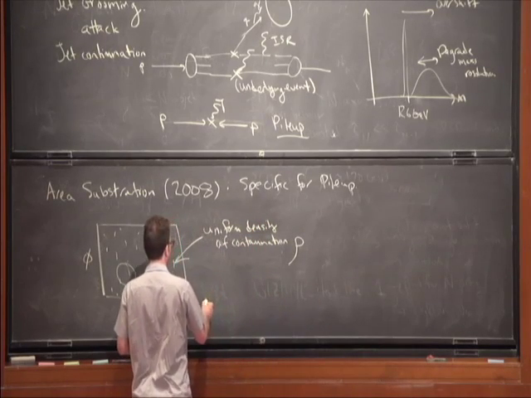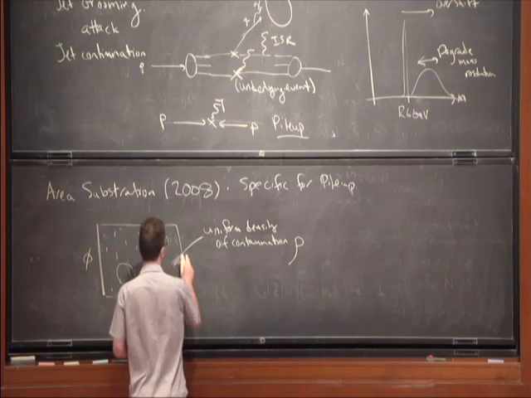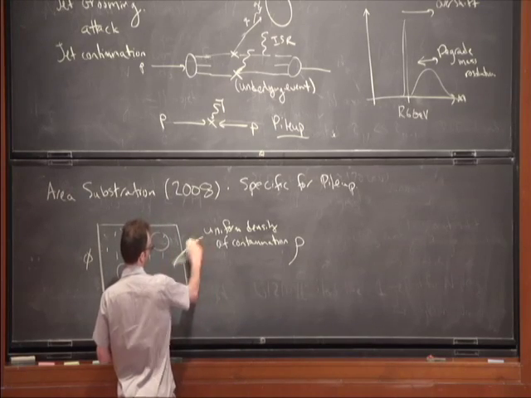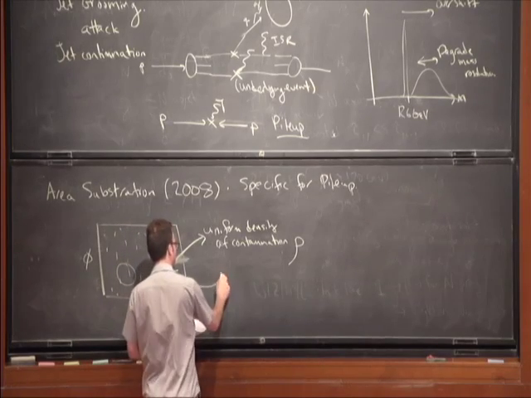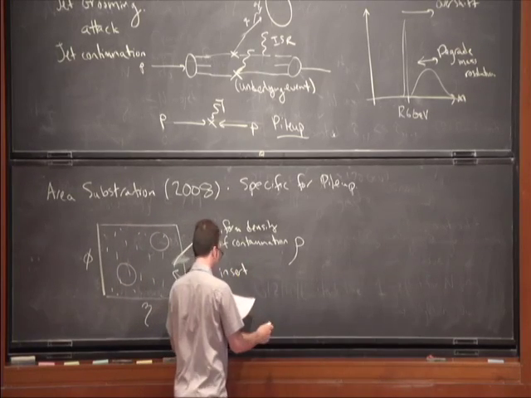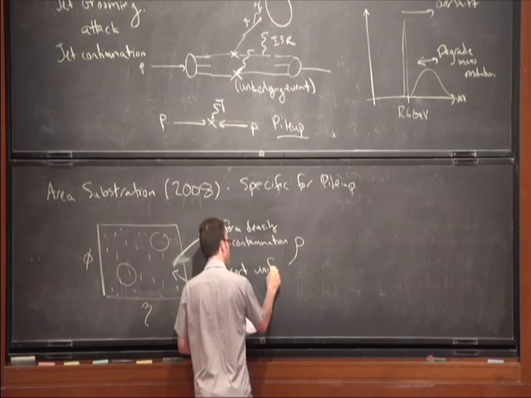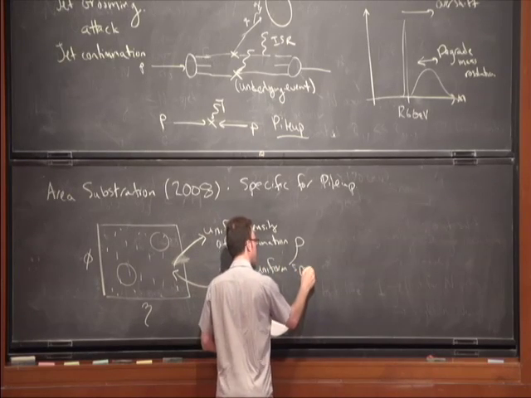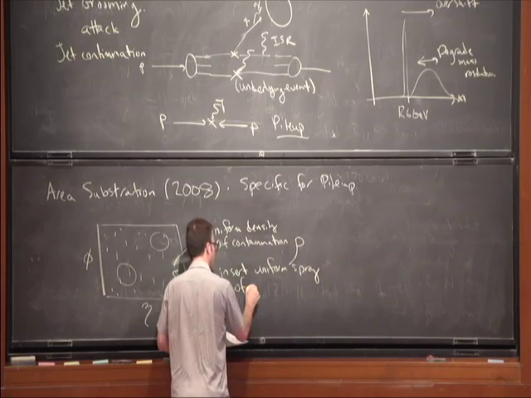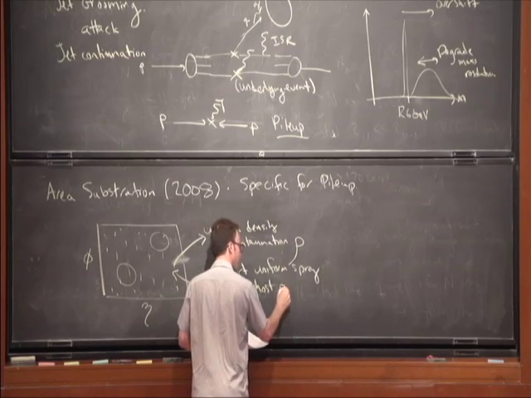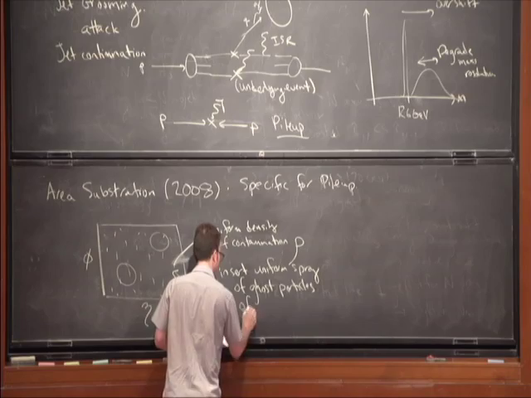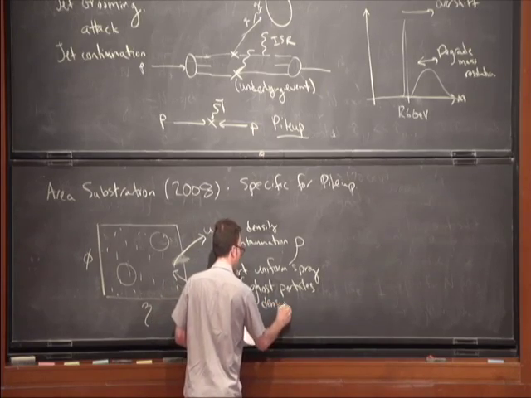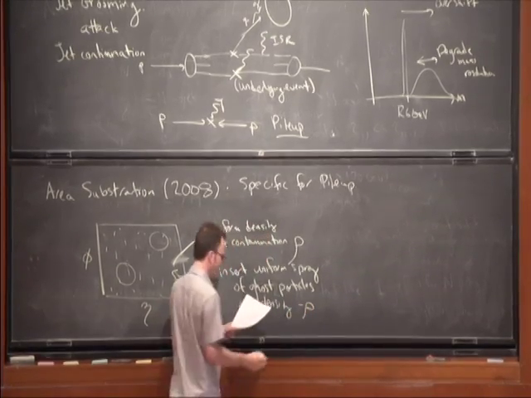You can insert, so let me put the arrow this way. So we extract from the event a uniform density of contamination rho. And then we can insert a uniform spray of so-called ghost particles of density minus rho into the event.